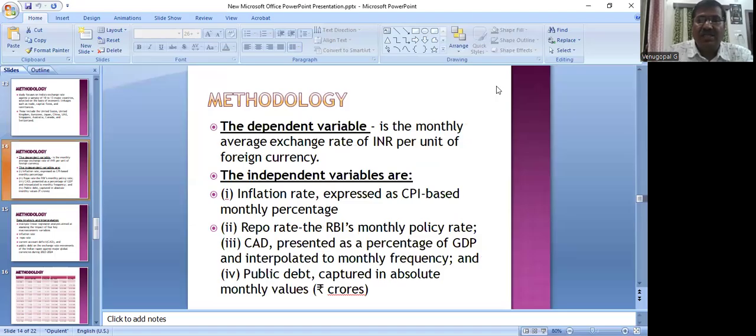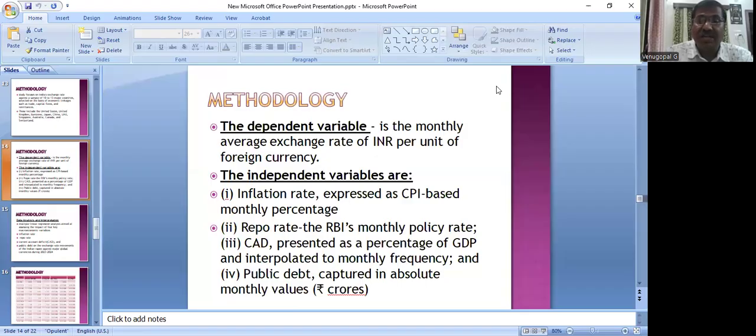So the methodology is, I have taken the Indian rupee exchange rate, averaged monthly, as the dependent variable. And I have taken four economic factors as independent variables.